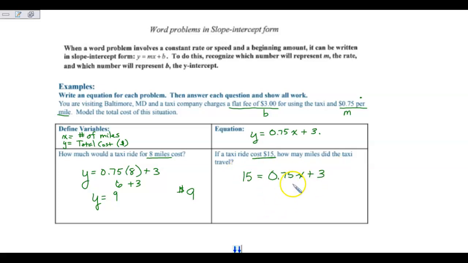And now we're going to solve for x. So I'm going to subtract 3 from both sides. And then I'm going to divide 12 by 75 hundredths. And that gives me 16. So the taxi went 16 miles.